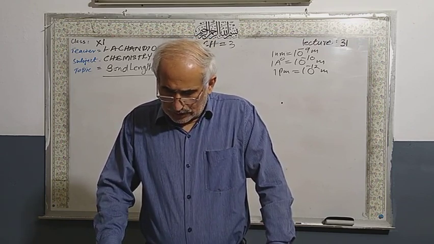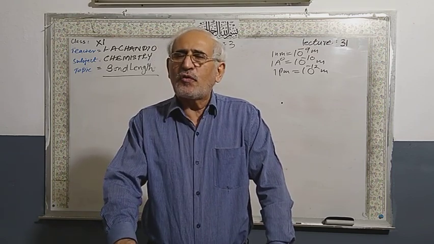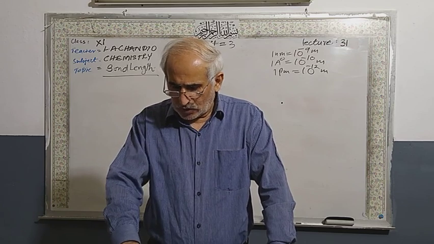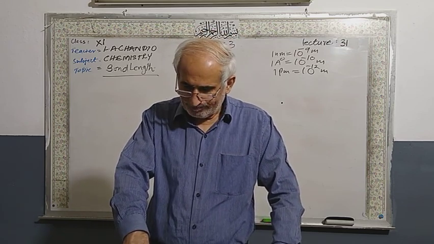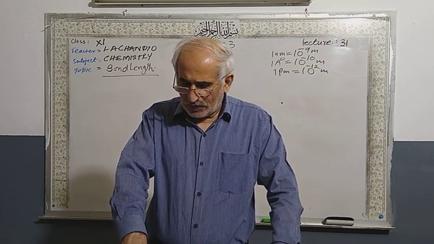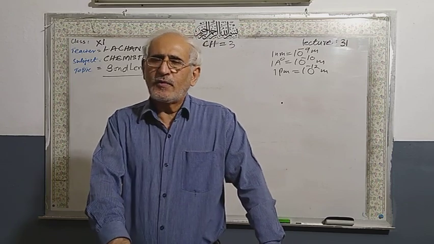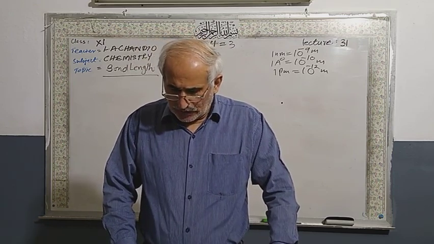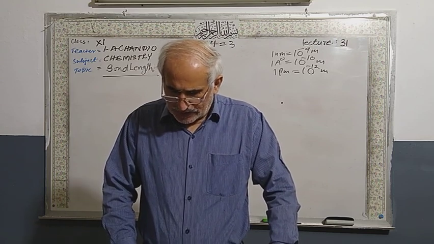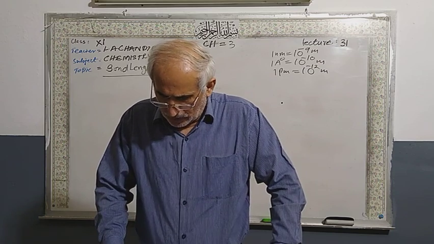So carbon-carbon, if you have 1.54, if you divide by 2, you will get half the distance, 0.77. So this is half of the value of 1.54. So for hydrogen 0.28, for carbon 0.77, for nitrogen 0.75, and so on and so forth.